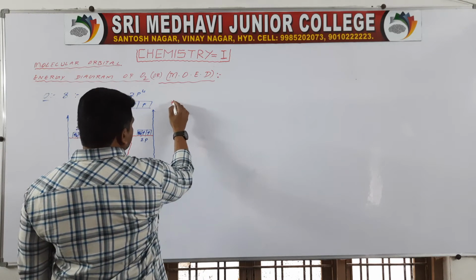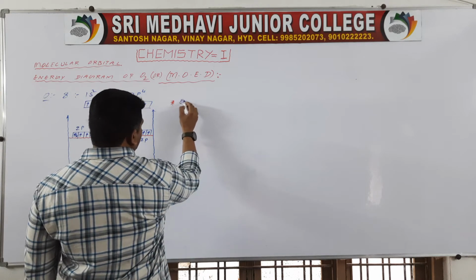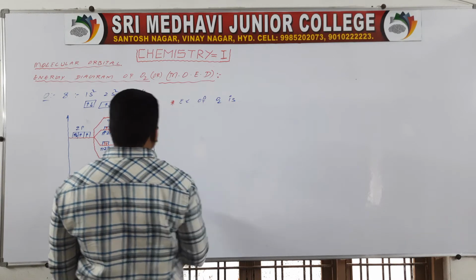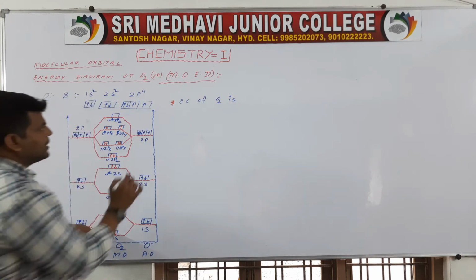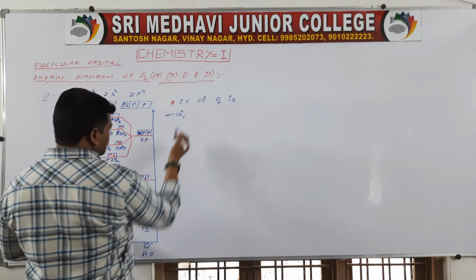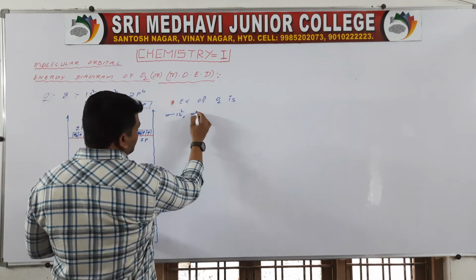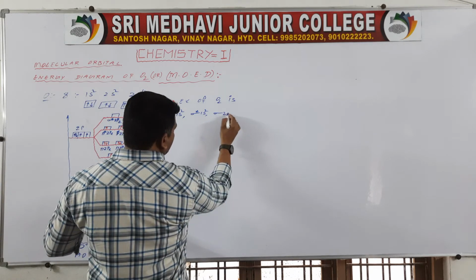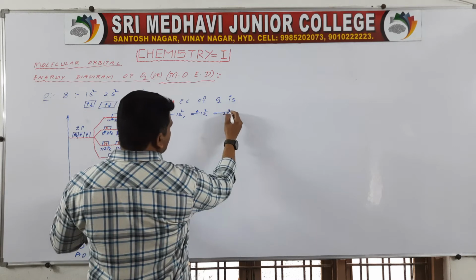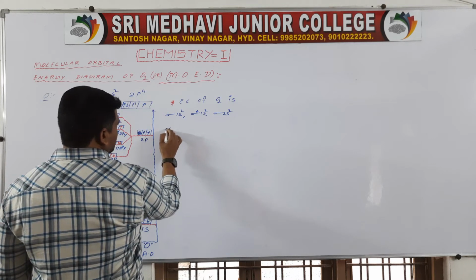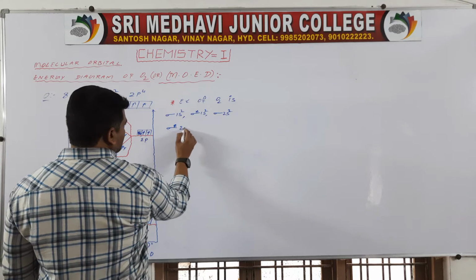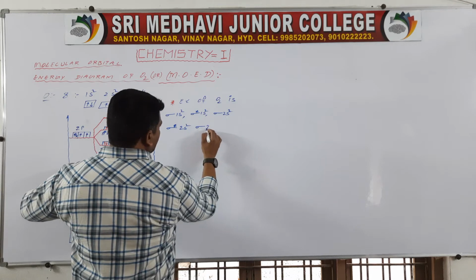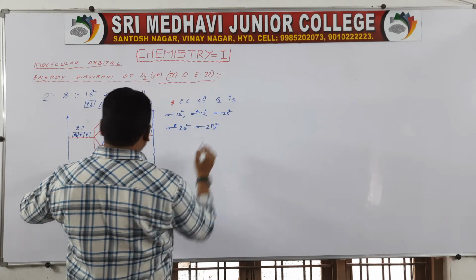Now the electronic configuration of O2 is: sigma 1s2, sigma star 1s2, sigma 2s2, sigma star 2s2, then sigma 2pz2.